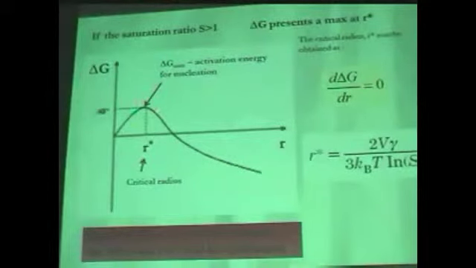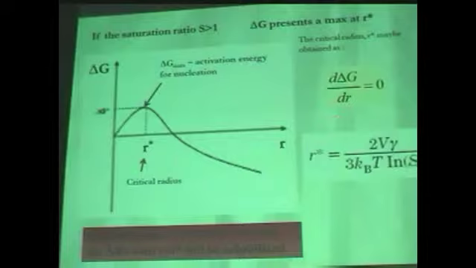This maximum of delta G is reached at R star, which we call the critical radius. The critical radius R star may be obtained as the derivative of delta G with respect to R equal to 0.